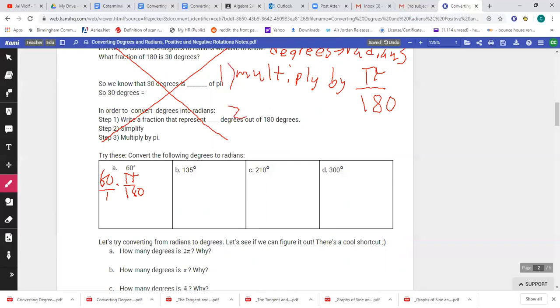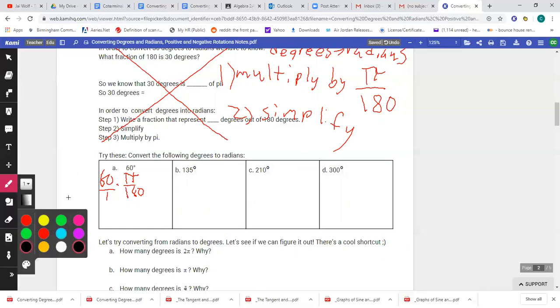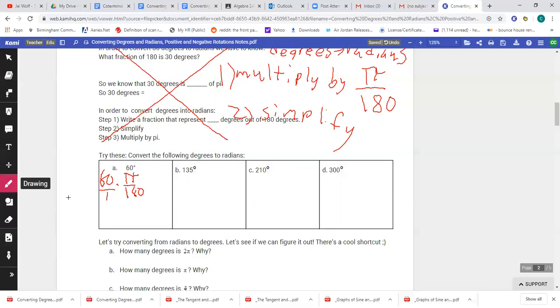And in step 2, you always need to simplify. So we're going to simplify, and you see that I have a 60 on top and 180 on the bottom. So all I'm going to do is simplify this, and then whatever I'm left with is the radian measure. So let's see how this is done. They're kind of big numbers, 60 and 180. But remember, in math, if they both end in a 0, they could both be divided by 10.